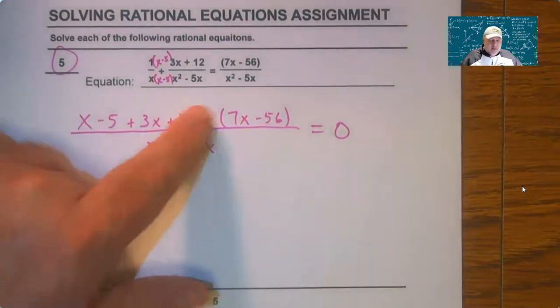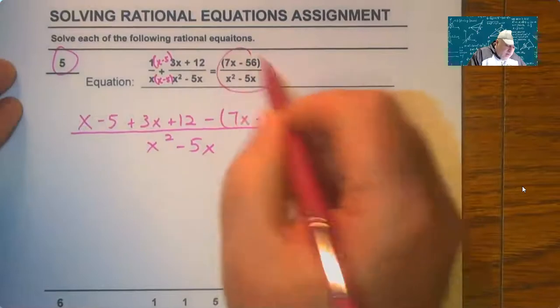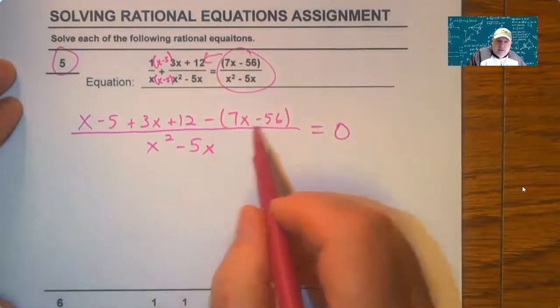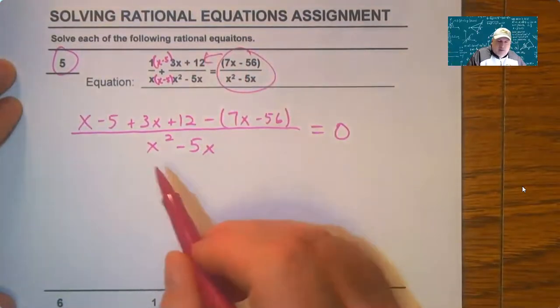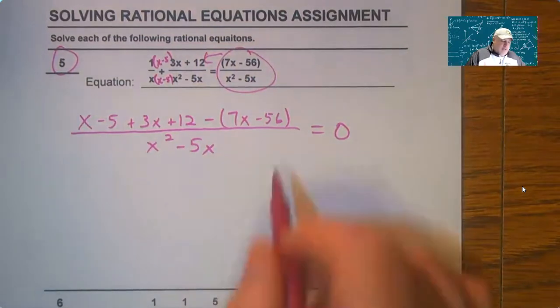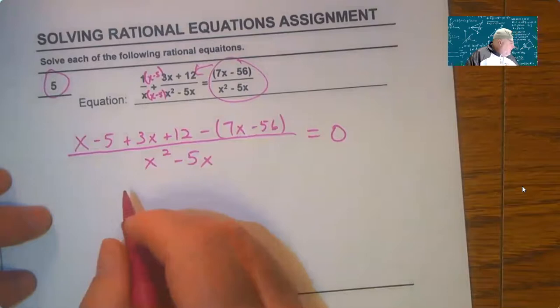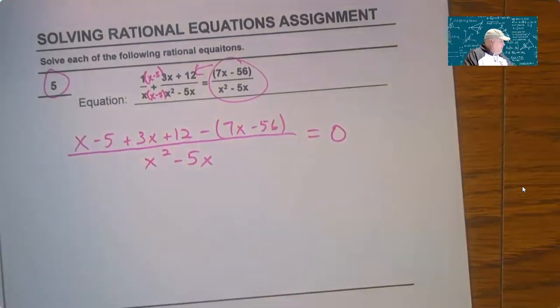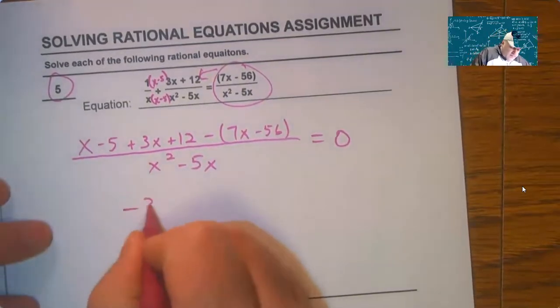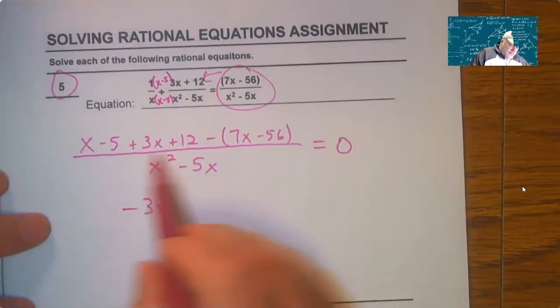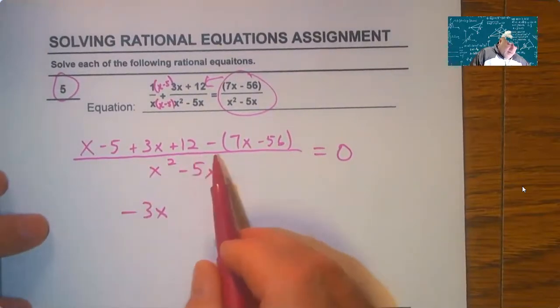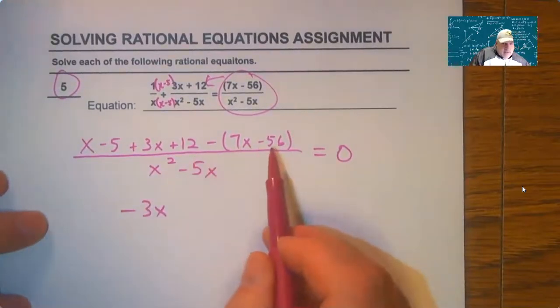This had to come over to the left, this whole fraction. And when you put it over on the left, it's minus 7x minus 56 over x squared minus 5x. You need that set of parentheses there. So 4 minus 7 is -3x. And then -5 plus 12 is 7 minus -56. Be real careful.